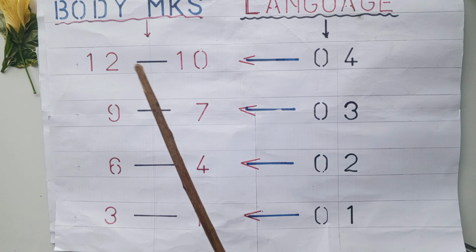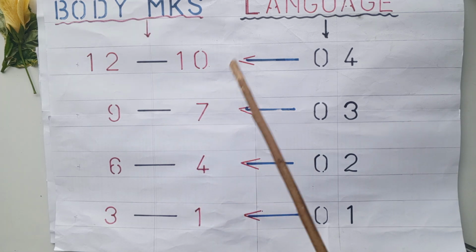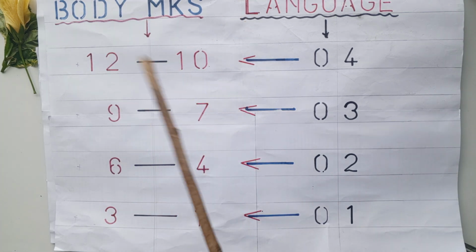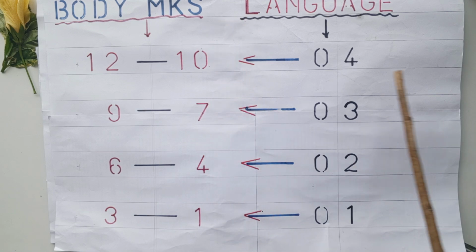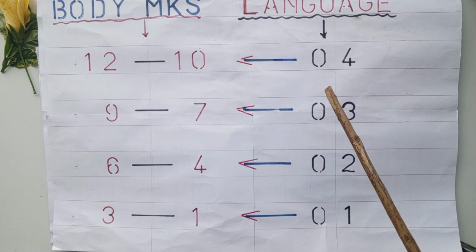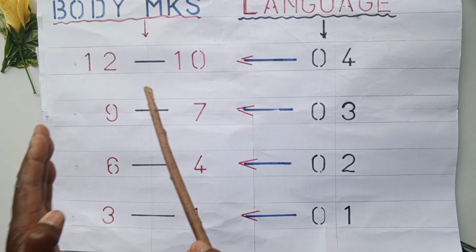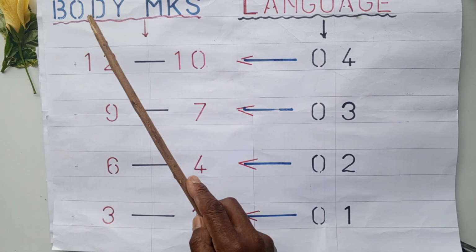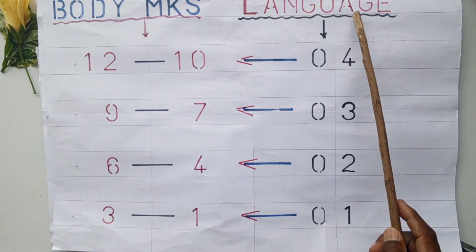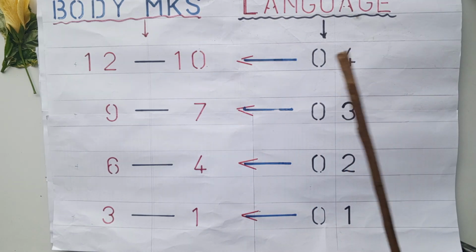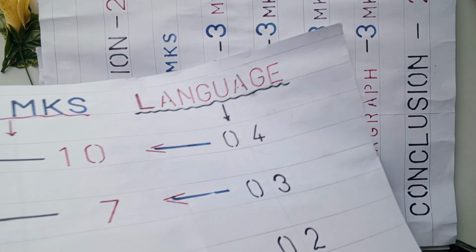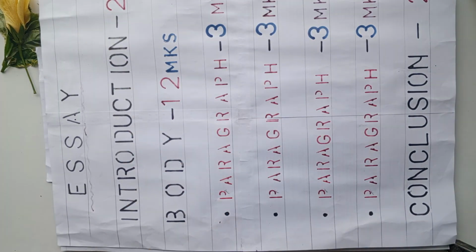Candidate, understand how marks are awarded in KCSE so that you don't write an essay blindly without planning for these marks. We are talking of body marks, language marks, then the introduction marks, then the conclusion marks. This is the structure of your KCSE essay.